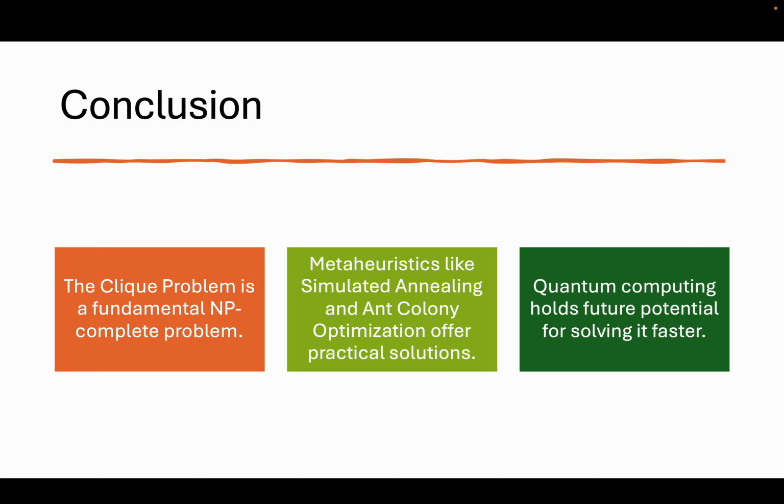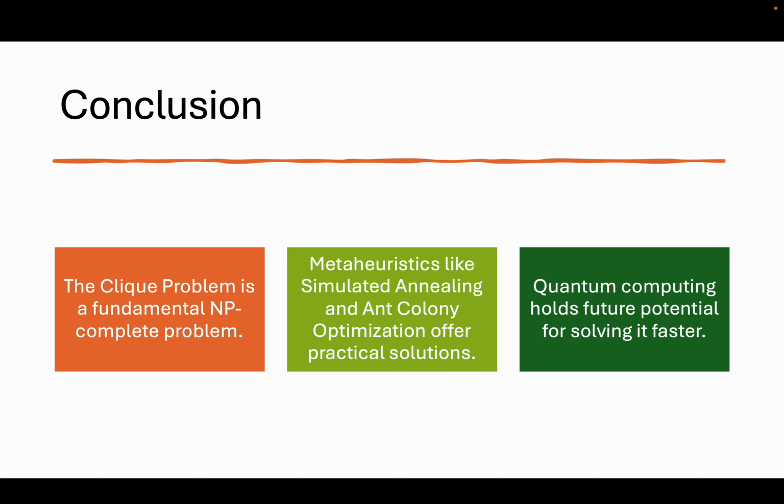These approaches are not guaranteed to always find the best solutions, but they give good enough answers within a reasonable amount of time, making them useful for real world problems where exact solutions are not always necessary.